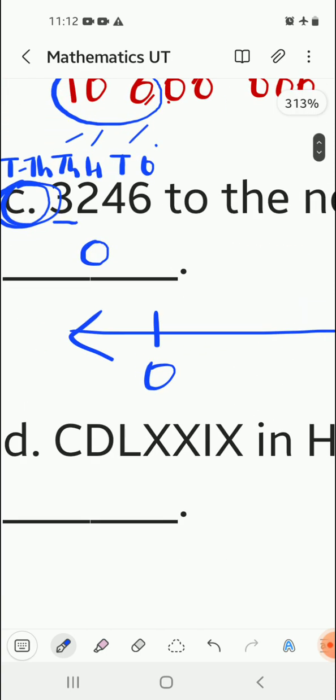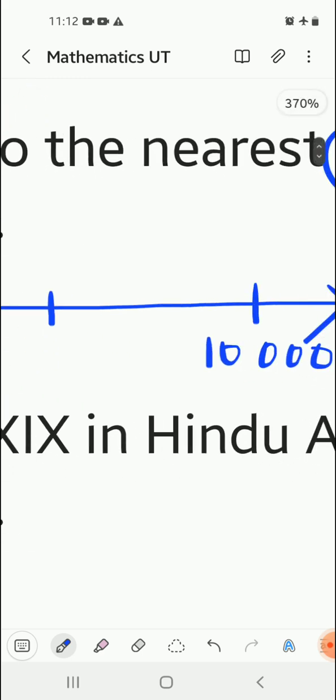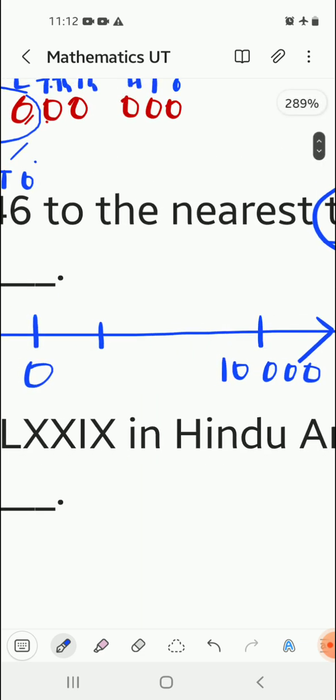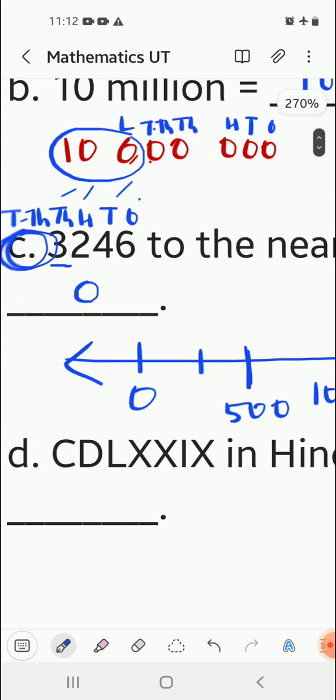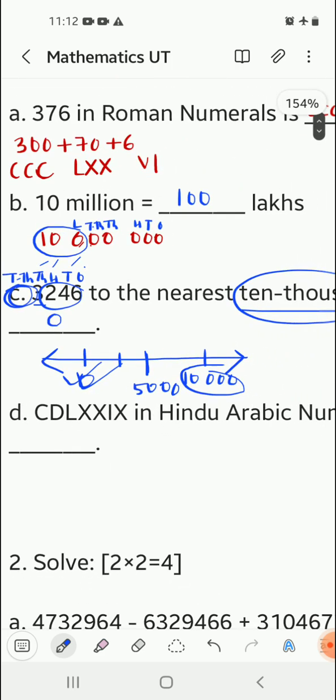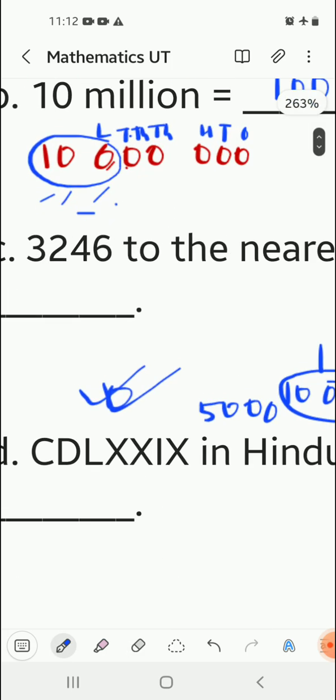So 3246 is somewhere close to 0, not close to 10,000, because if we mark the numbers, more or less in the center of the number line, it will be 5,000. Since the number that we have got is 3246, which is less than 5,000, it is way less than 10,000. It is rather closer to 0. So my answer will be 0. So therefore, after all this, we are going to write the answer as 0.